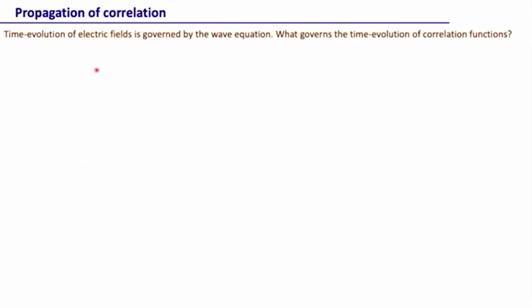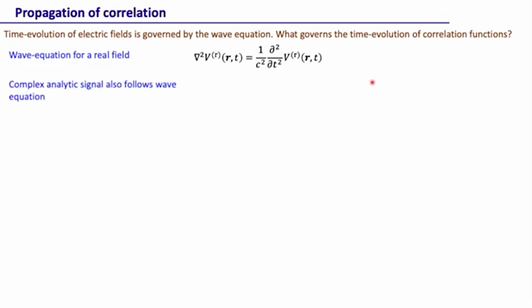So now we know that the time evolution of electric fields is governed by the wave equation. So the question is, what governs the time evolution of the correlation function? For a real field, since it follows the wave equation, we can write it like this. V(r,t), this is a real field, and this follows the wave equation. One can very easily show that even the complex analytic signal corresponding to this real field also follows the wave equation.